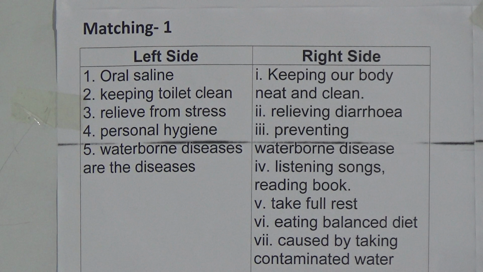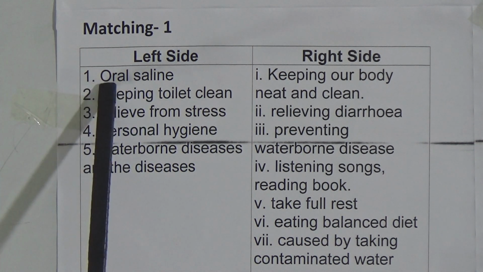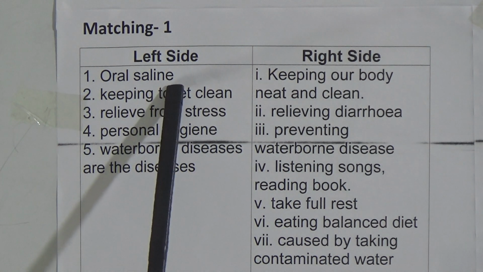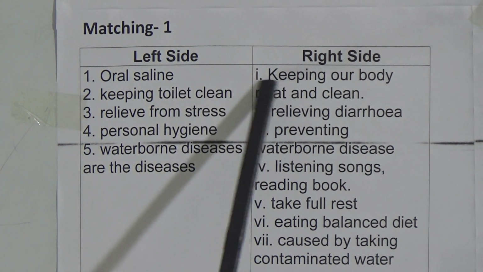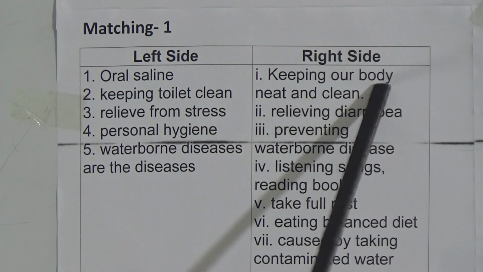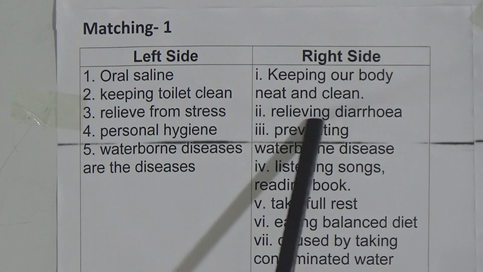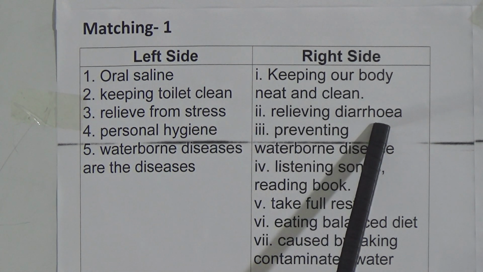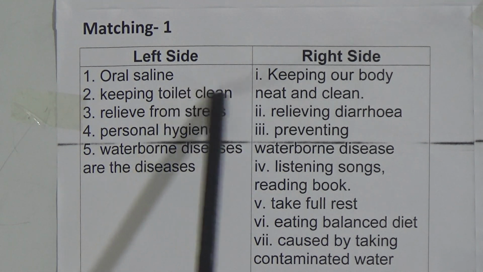At first, matching 1 is oral saline. Oral saline will be matched with, if we read 1 here, keeping our body neat and clean. No, 2 is relieving diarrhea. Yes, it will be matched with 2.